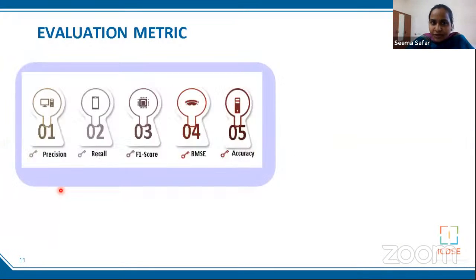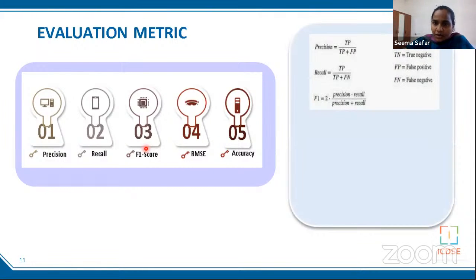Moving on to the evaluation metrics, we evaluated our proposed model on 5 main evaluation metrics. One is precision, recall, F1 score, root mean square error. Precision, out of all the retrieved data, identifies the relevant ones, and that gives a ratio.